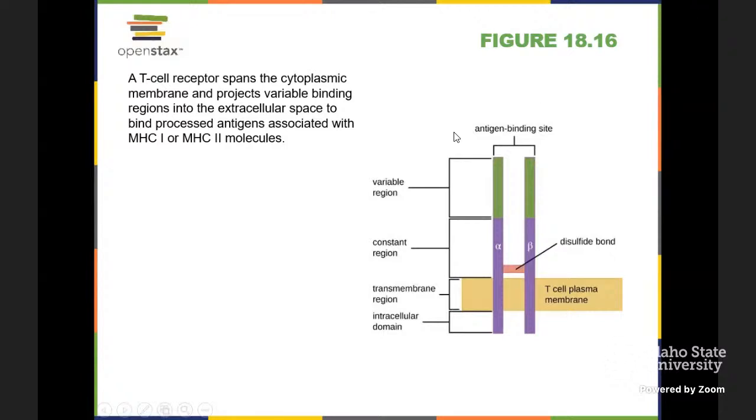So all of these cells have numerous types of protein molecules studded on their surfaces that lend to the ability of communication with other cells, recognition of other molecules.